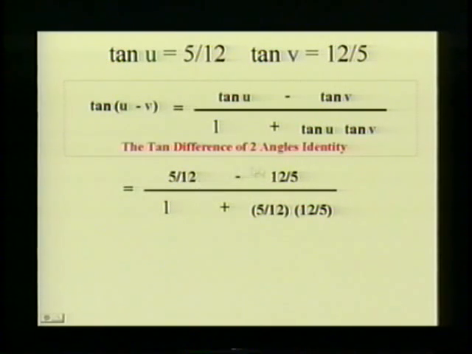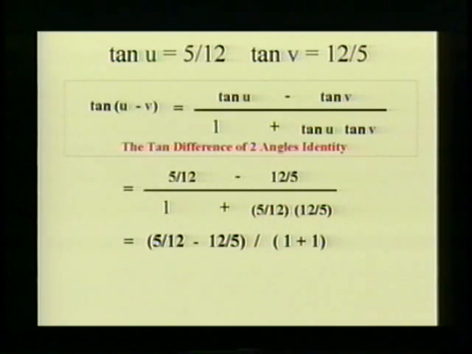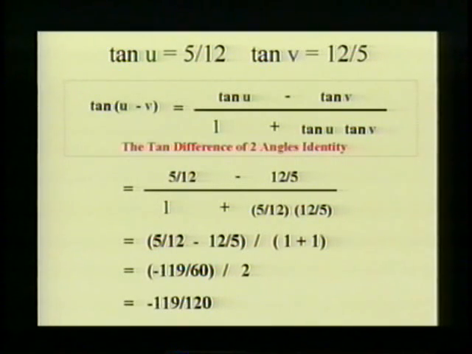The tangent of u is 5/12 minus 12/5, and 1 is part of the formula, then I multiply these out, and that's 1 in the bottom there. 5/12 minus 12/5 is negative 119/60, divided by 2, and I get negative 119/120. Now you can do that on the calculator if you wish, but the neat part is you never needed a calculator. That's the answer.